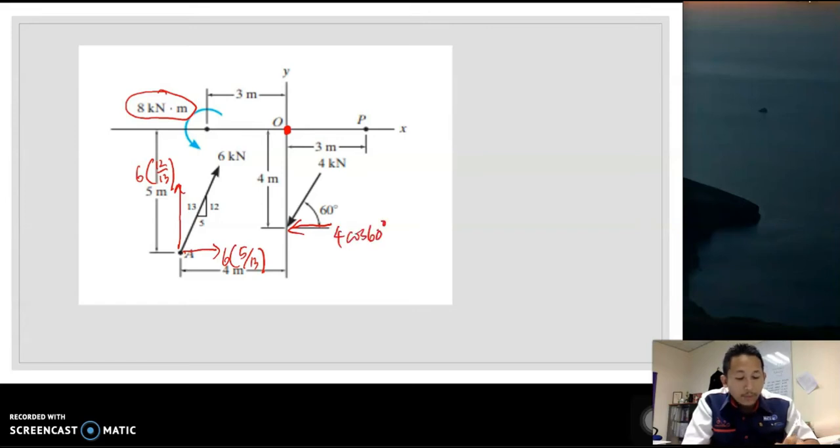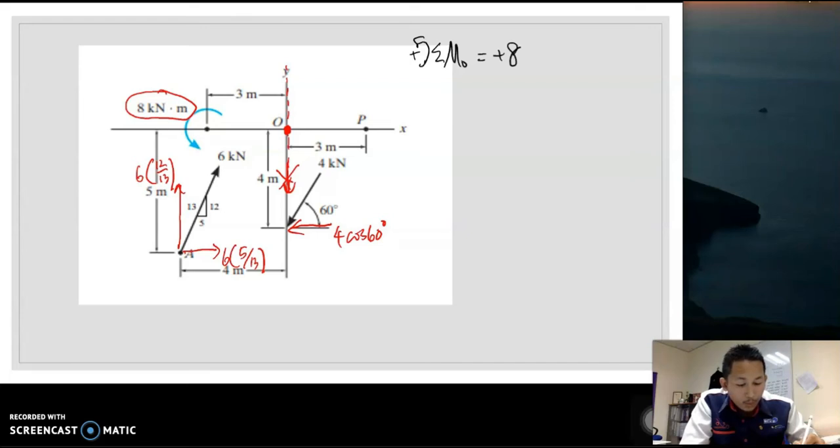Okay, 4 sine 60 is not calculated because it is on the line O. Counterclockwise is positive. Moment at O is equal to 8 kilonewton meter counterclockwise. That one is positive, 8 kilonewton meter.